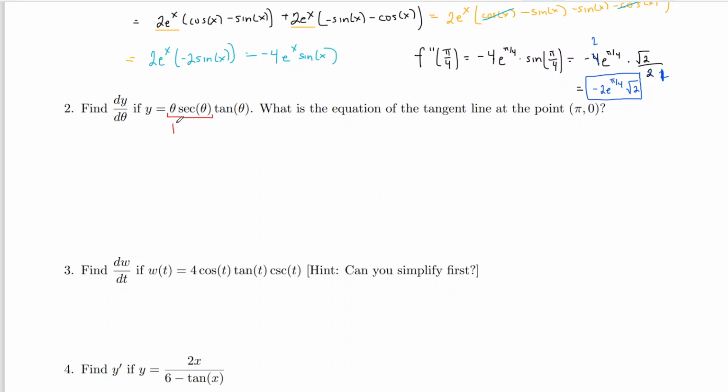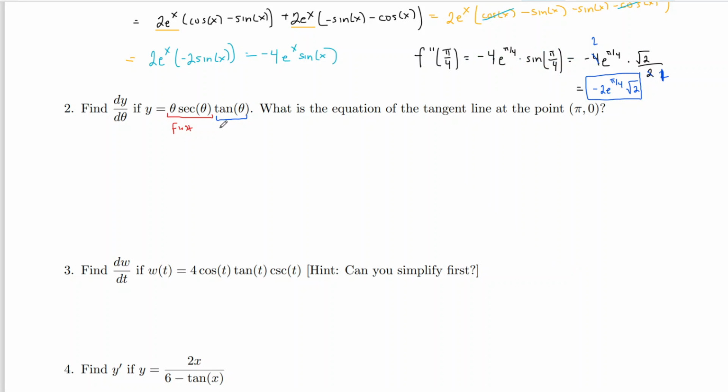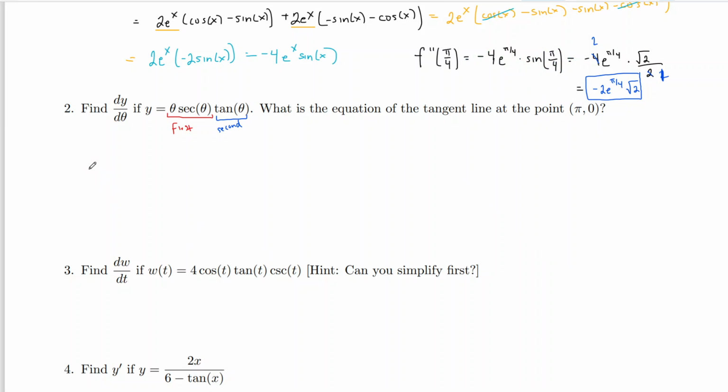I'll use theta times secant of theta as the first, and then tangent of theta will be the second. All right, but once again, just set up starting with the product rule.